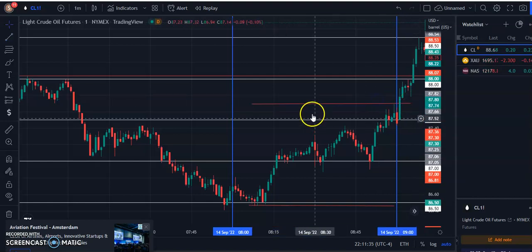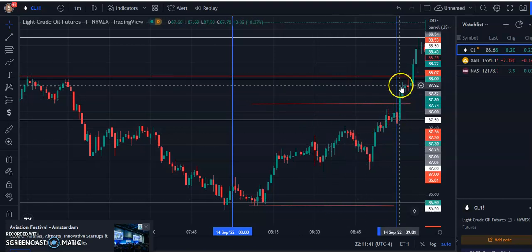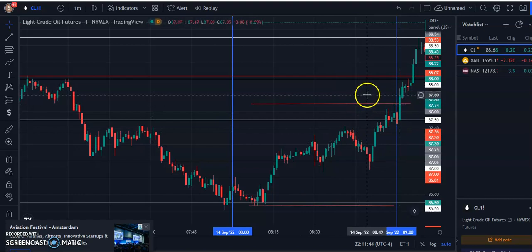As you can see, now we have our high of the day. And what do we want to see? We want to see market breaking out of or triggering the high of the session or the high of the day.